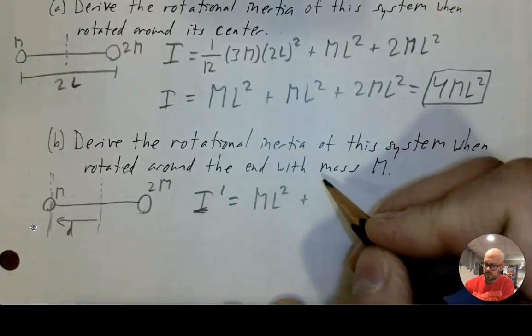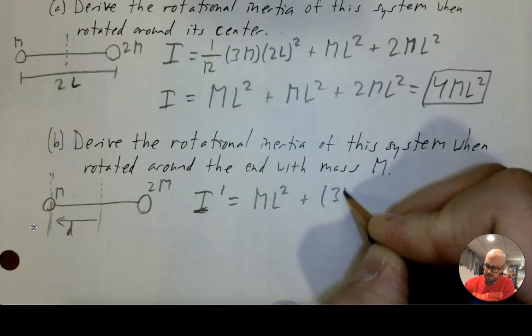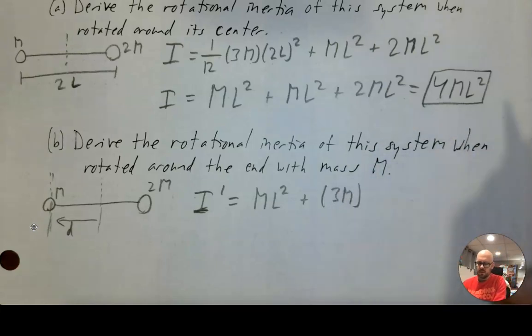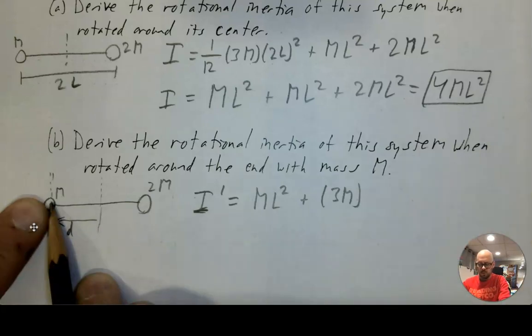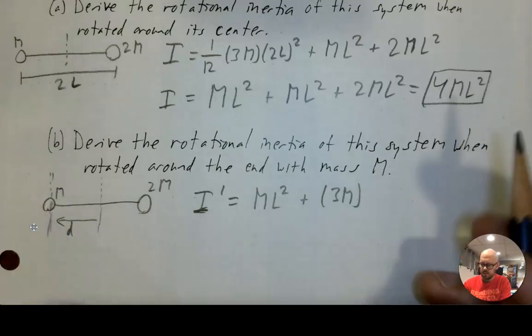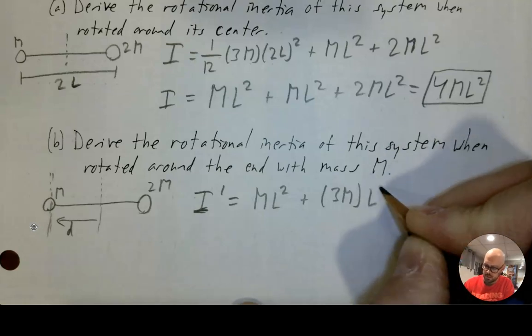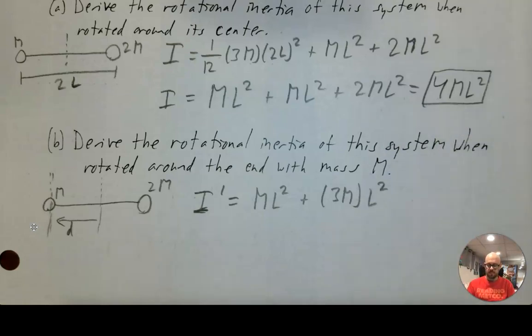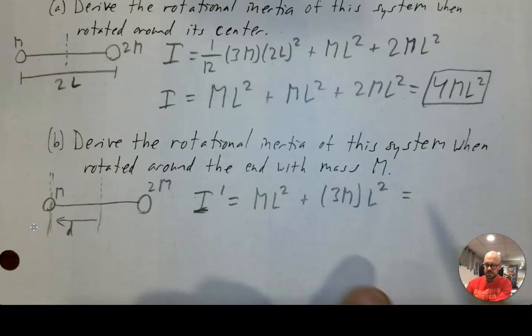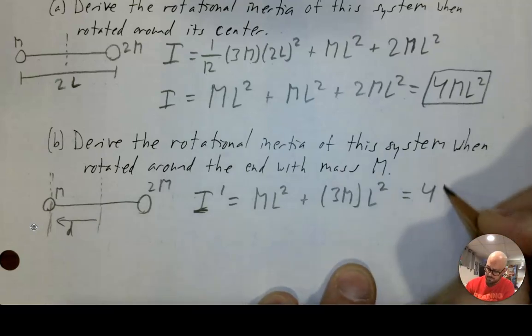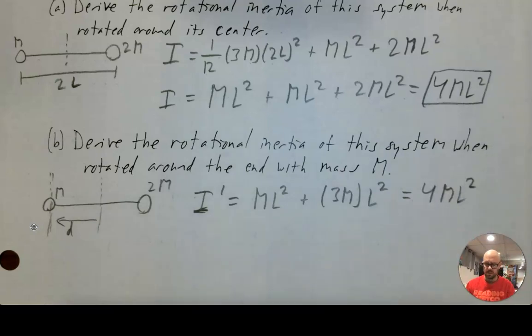The mass of the bar is 3m, and the axis of rotation was moved this distance d. Now the whole bar is 2l in length, and so the axis was just moved a distance l. These are like terms, as they always will be. So ml squared plus 3ml squared, that's 4ml squared.